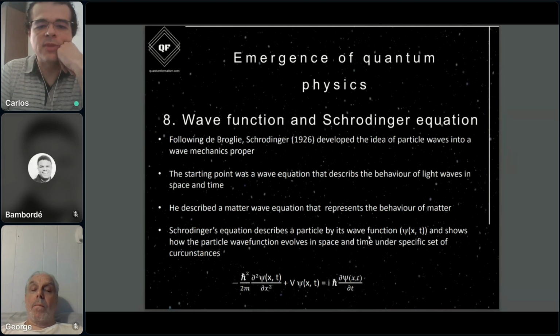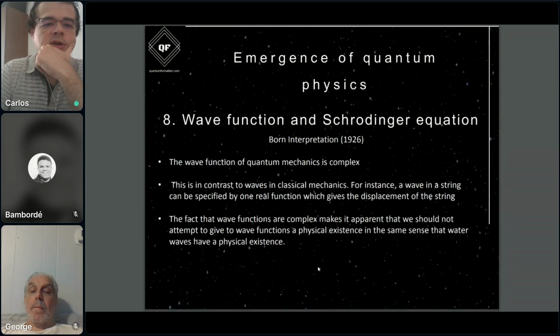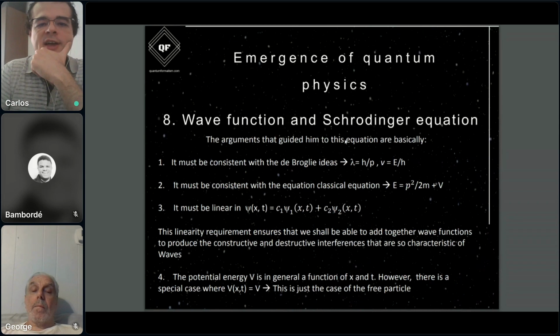Schrödinger described the particle wave and showed how the particle wave function evolves in space and time under certain circumstances, and he gets an equation like this. But the arguments that guide him to this are basically four.